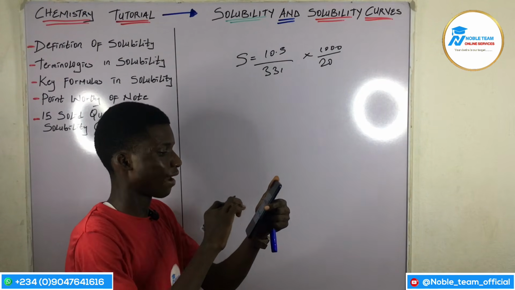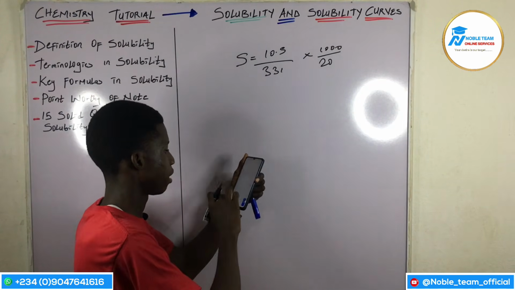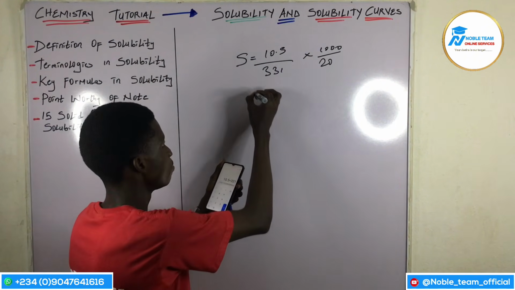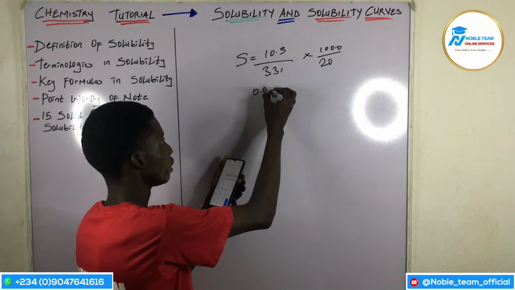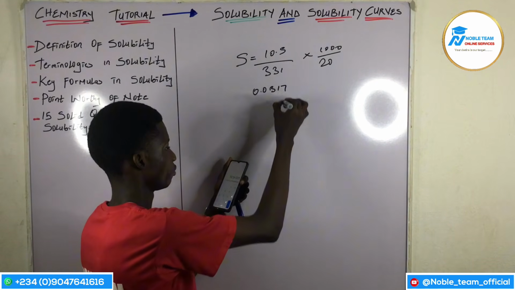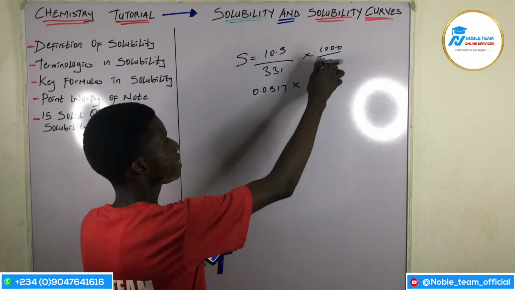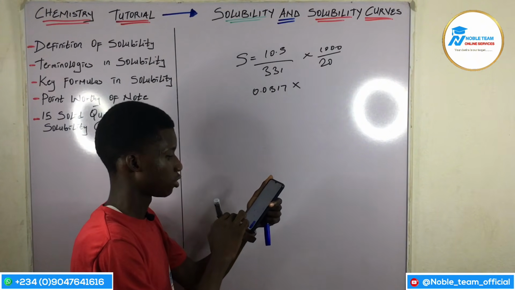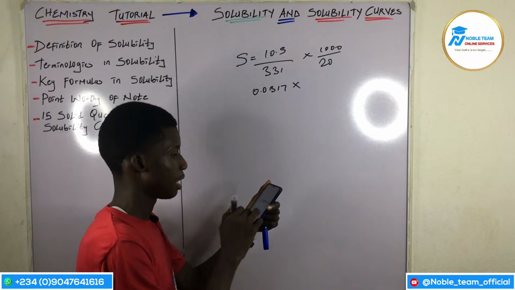Now, let's do our normal substitution. Make sure that you are writing. Now, 10.5 divided by 331, we have it to be 0.0317. Multiply this by 1000 divided by 20. Let me be sure.